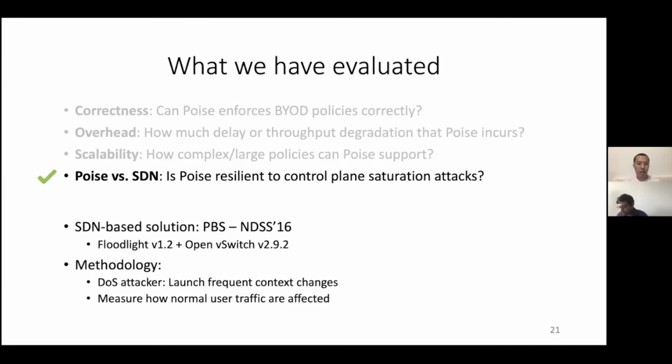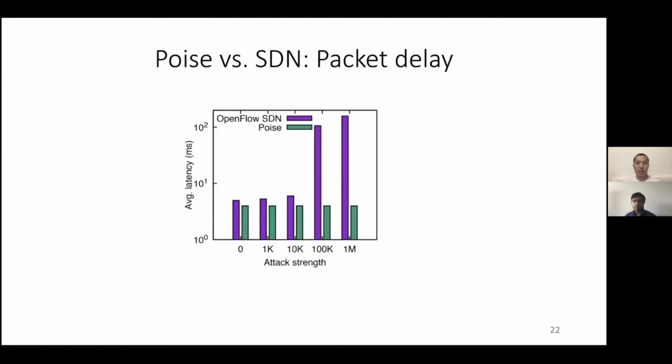And the methodology is that we simulate a DOS attacker, which sends a lot of context changes to the network, and we measure how normal user traffic is affected, or whether or not it is affected at all.